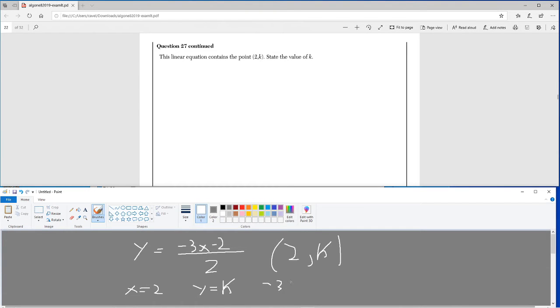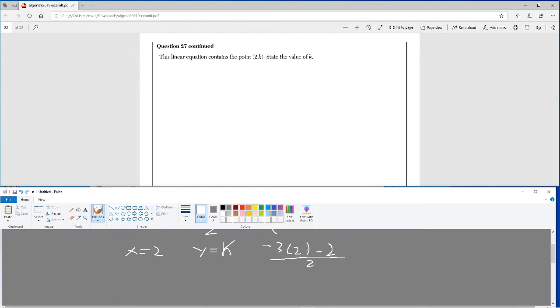So negative 3 times 2 minus 2 all over 2, this is what we have is equal to y, right? Negative 3 times 2 is negative 6. Negative 6 minus 2 is negative 8, all over 2. So we have negative 8 over 2, which is equal to negative 4.